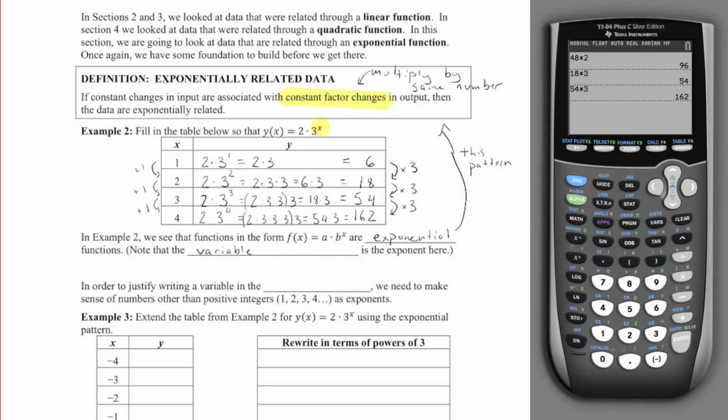Now, the thing is that if we're going to write a variable in the exponent, we need to be able to make sense of it if we write any number we can think of in the exponent, because we can plug in any number we can think of for a variable. So right now we know how to make sense of exponents like 1, 2, 3, 4, 5. It's just that many copies of the number multiplied together.